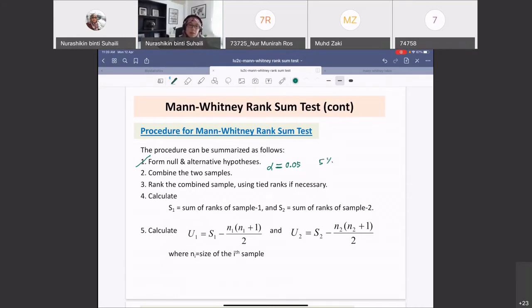Meaning to say that if I want to define it, this one is the percentage of error, let's say, the accuracy of the whole data. You cannot expect it to be totally accurate, right? In anything, there is nothing entirely accurate. So there must be room for errors, inaccuracy, because nothing is perfect in this world.